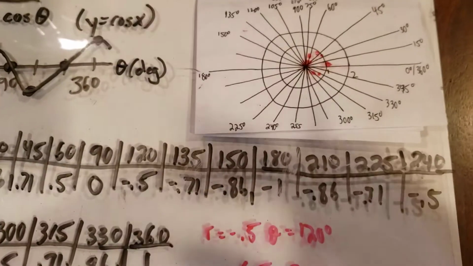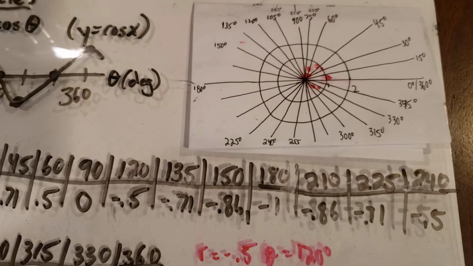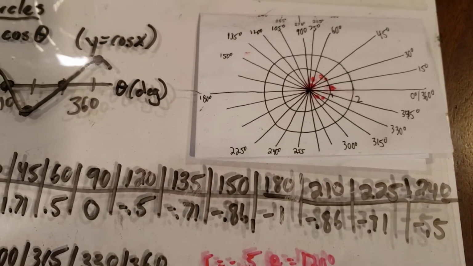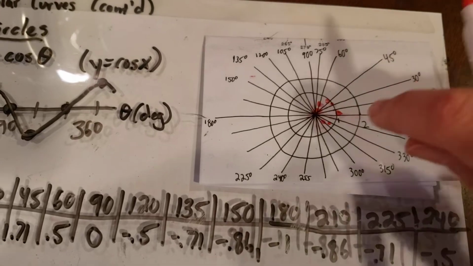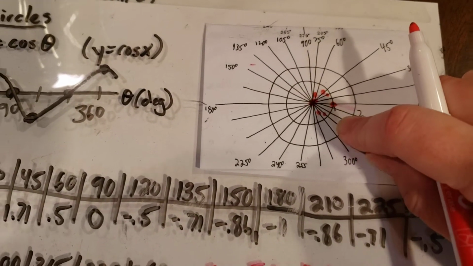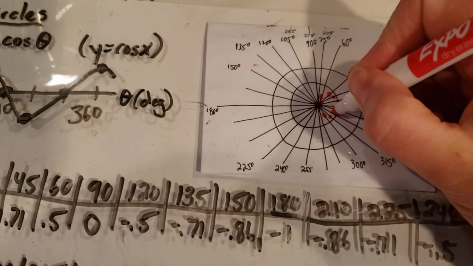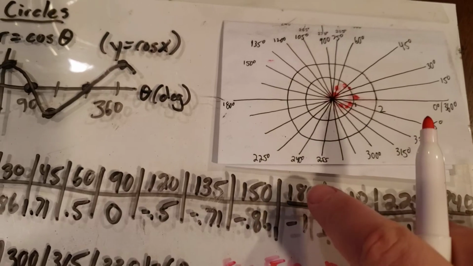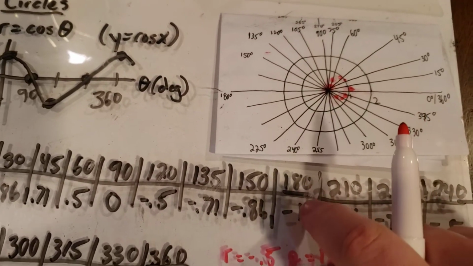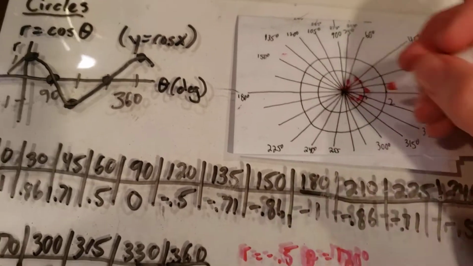That's going to become 0.86, and then 150 plus 180 is going to put us at 330. So 330, 0.86. And then 180 and -1. R is -1, theta is 180 degrees. If you make this positive, add 180, it puts you right back.